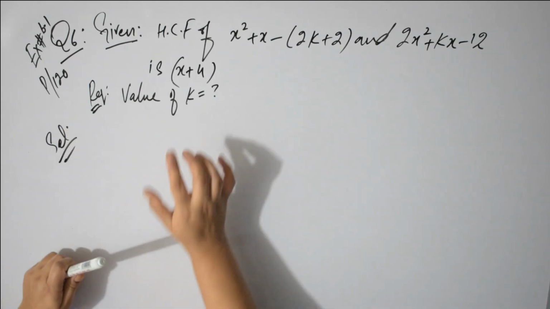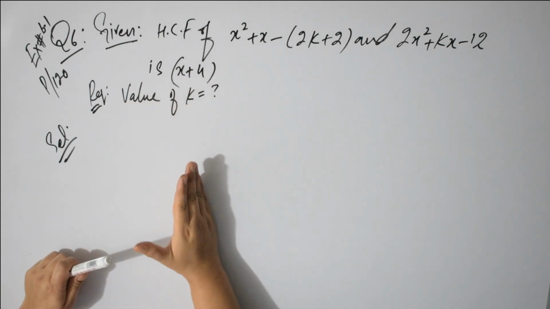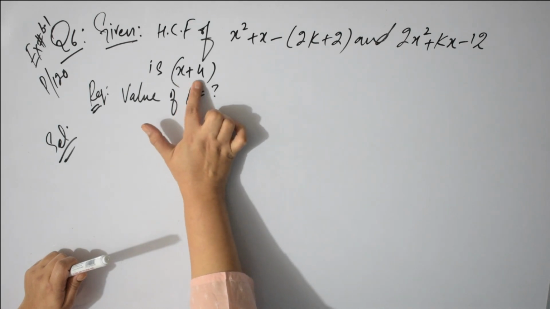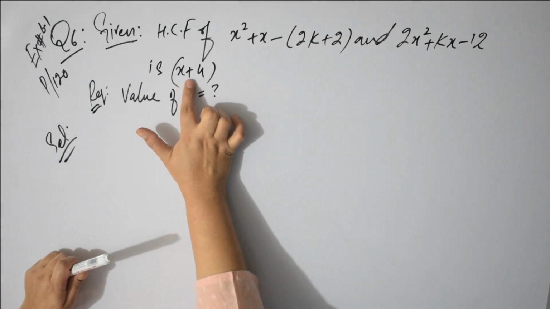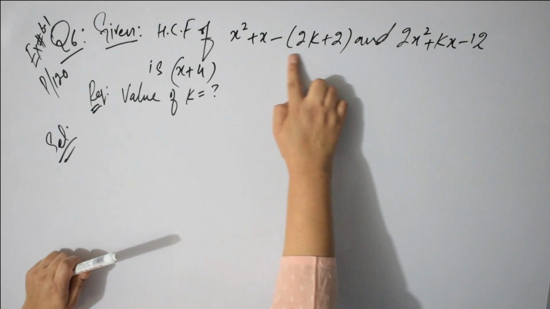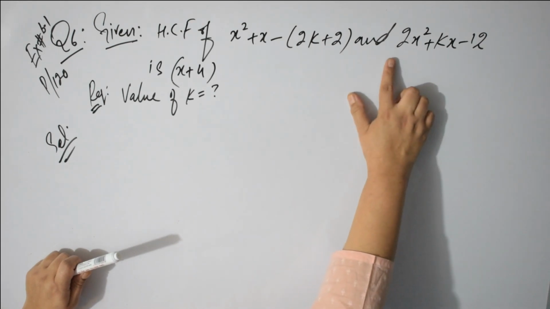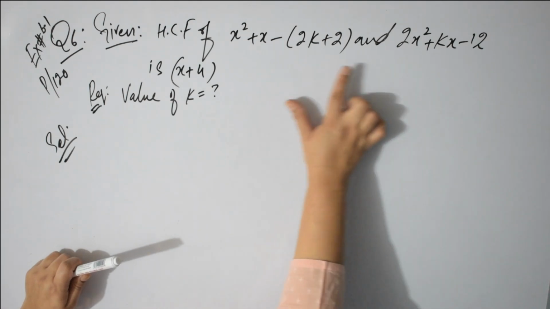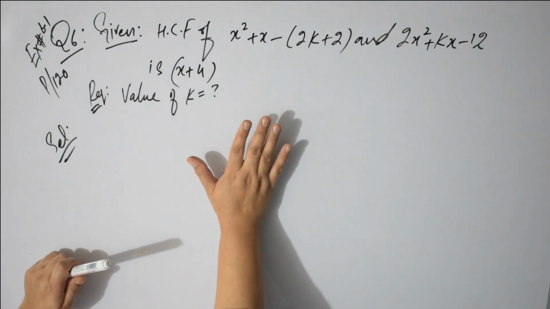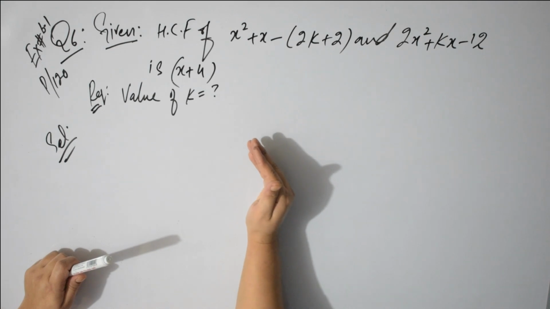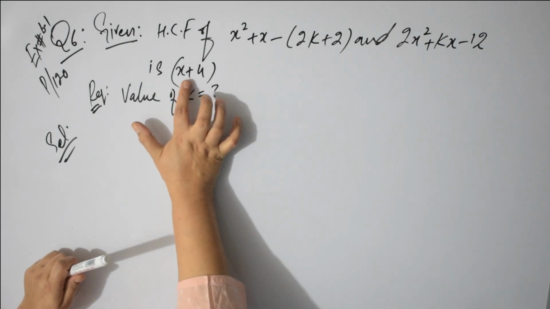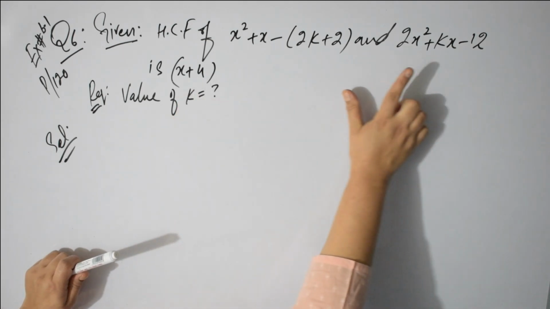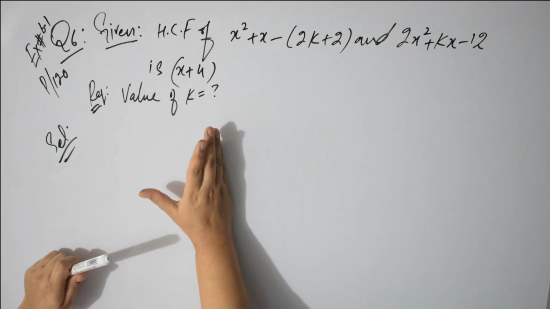Students, as you know, what is the meaning of HCF? HCF stands for highest common factor, meaning this x plus 4 is a common factor of this algebraic expression and this algebraic expression. It is common to these two expressions. A factor divides the polynomials completely.